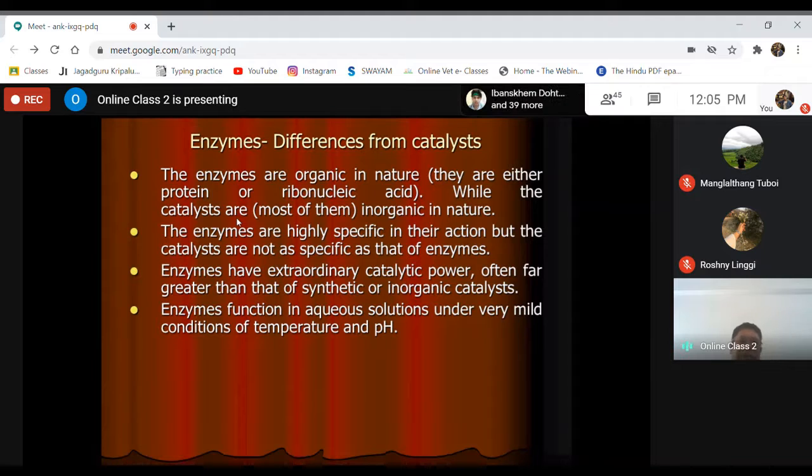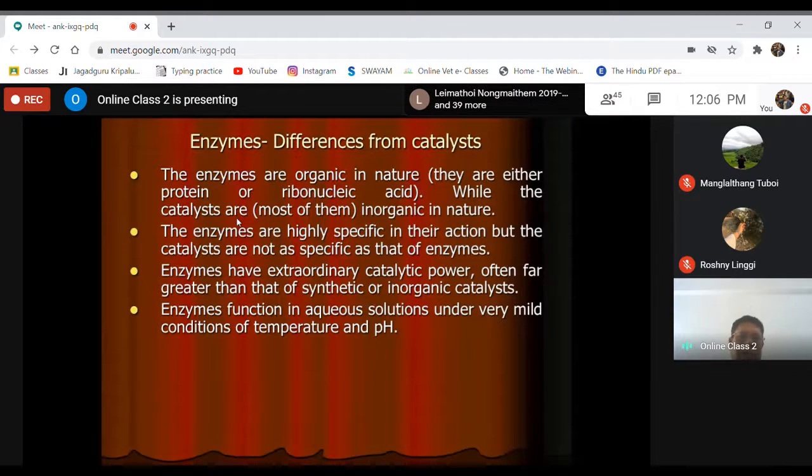The second point is that enzymes are highly specific in their action, but catalysts are not as specific as enzymes. Enzymes will catalyze a specific reaction, or very closely related reactions. But catalysts catalyze a wide range of reactions. They are not specific for a particular reaction.